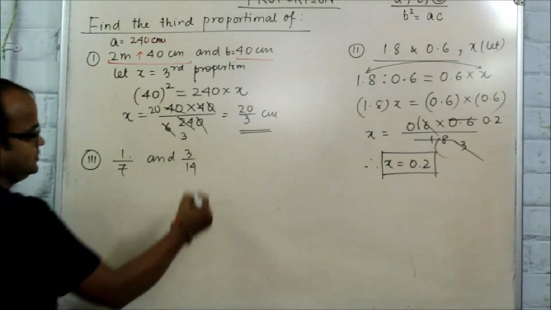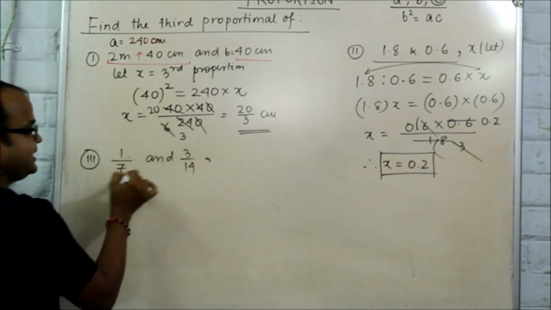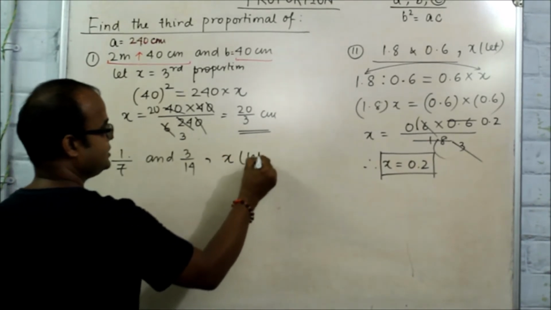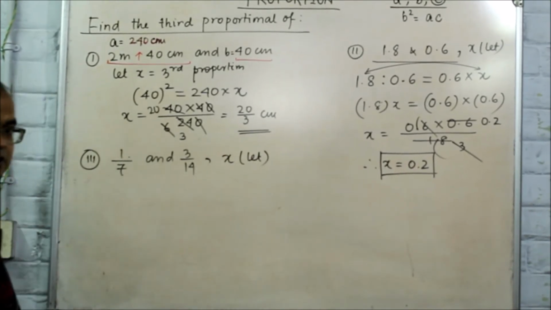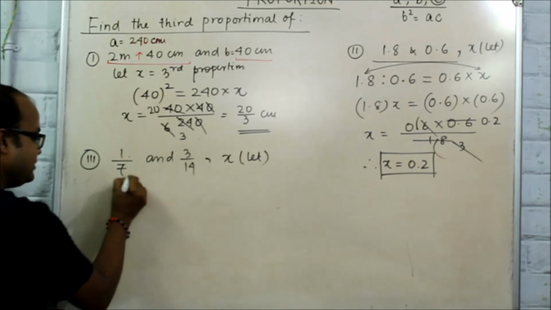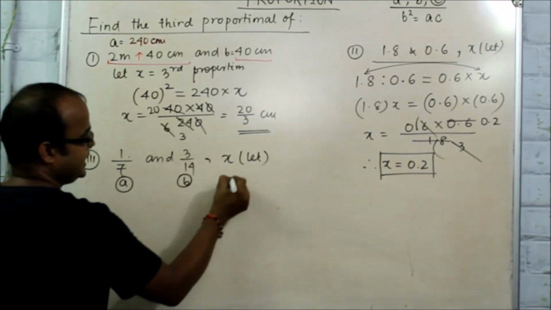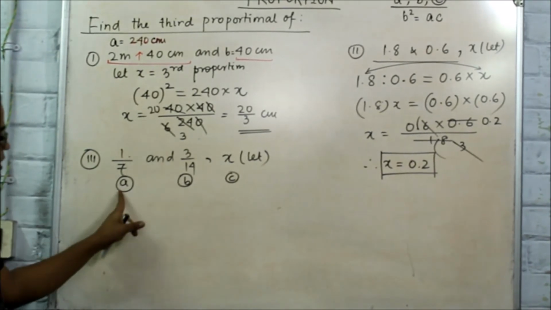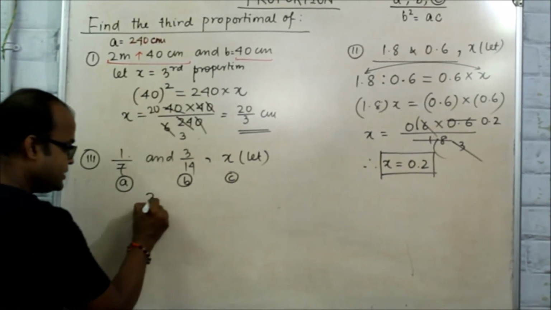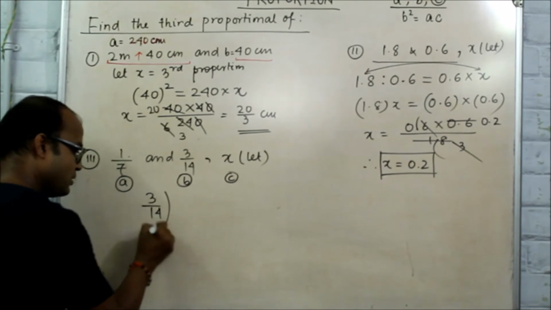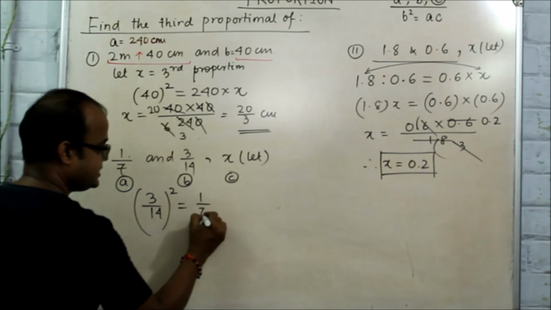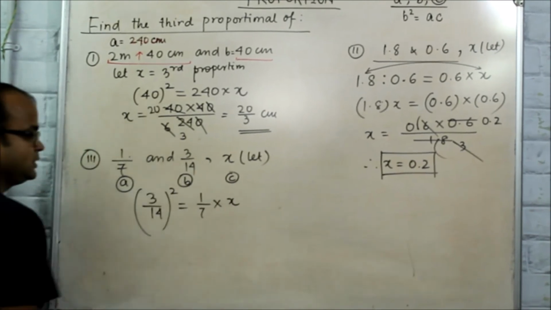Clear? Third one is 1 by 7 and 3 by 14, and third one we assume as x. Clear? So this will be A, this will be B, and this will act as C. So the formula is B square is equal to AC. So B square is equal to AC, that is 1 by 7 into x.